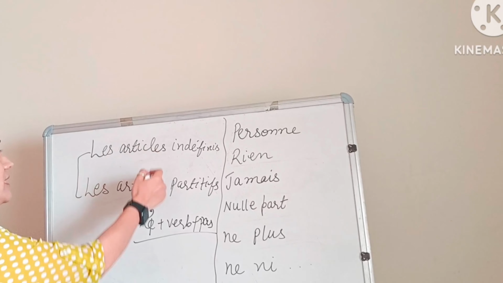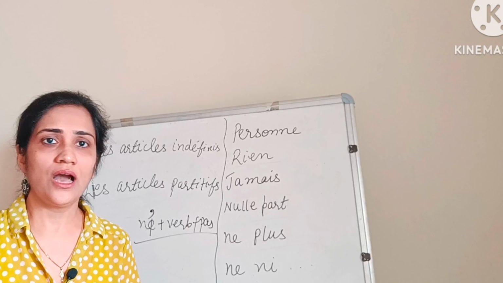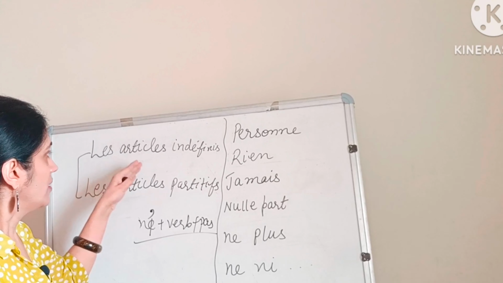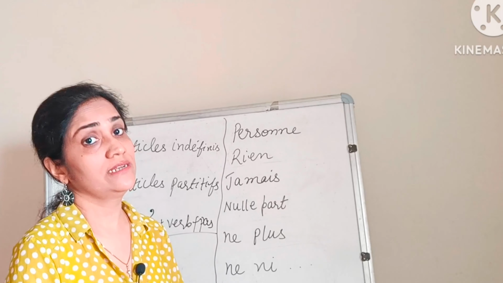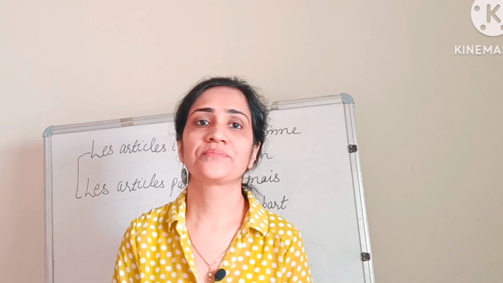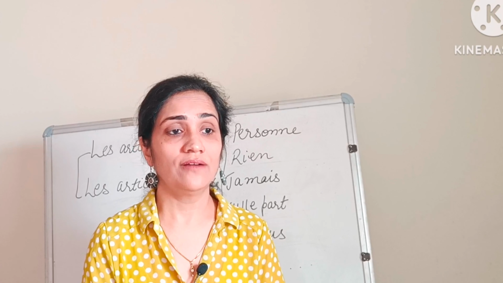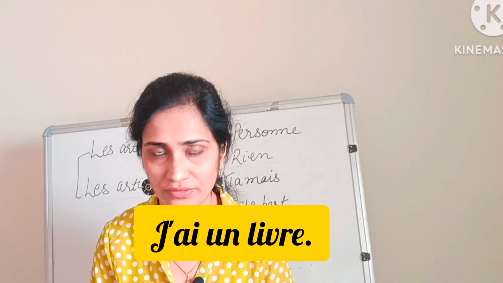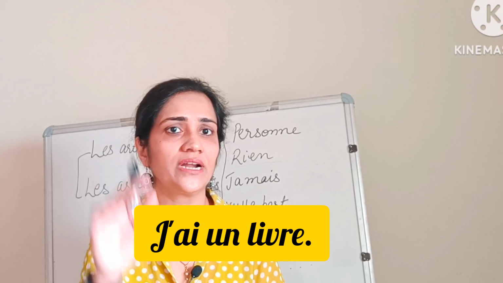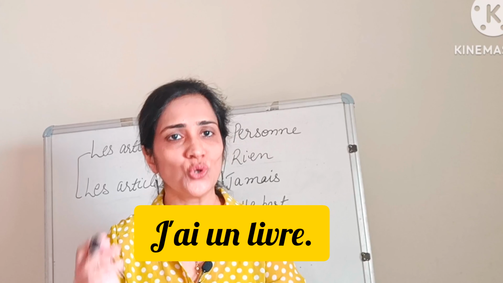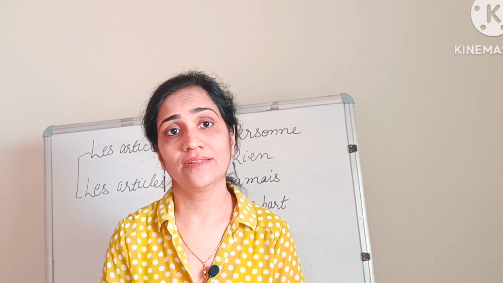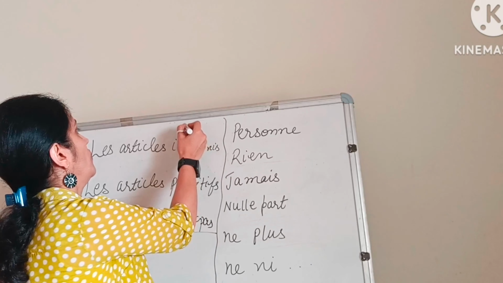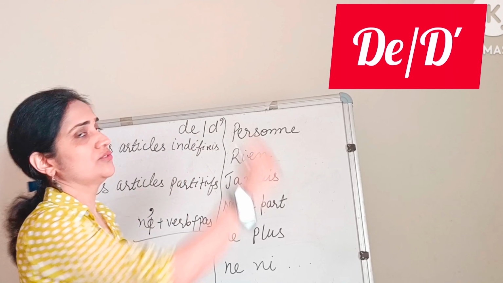Now if we are using these articles in a sentence, then how does the sentence change in the negative? Let's take the example of l'article indéfini, like un. If you have to use j'ai un livre, I have a book, you are using an indefinite article here. In the negative sentence, these two articles are converted into either de or d apostrophe.